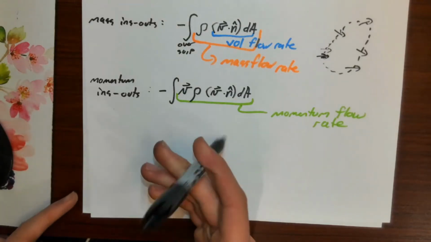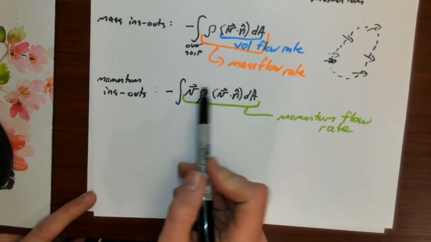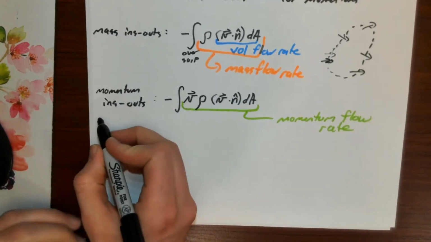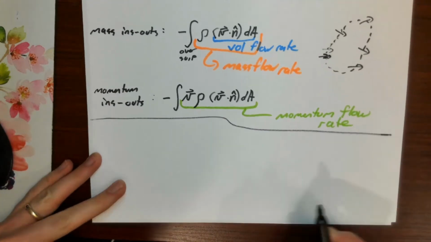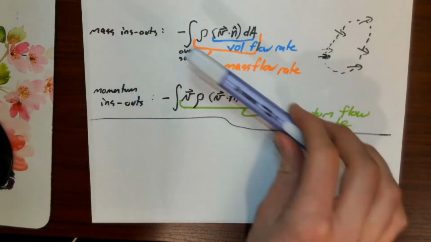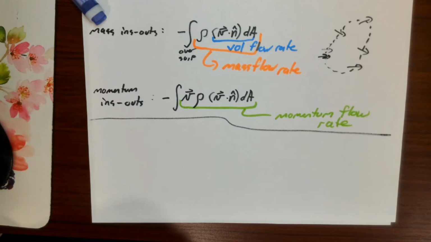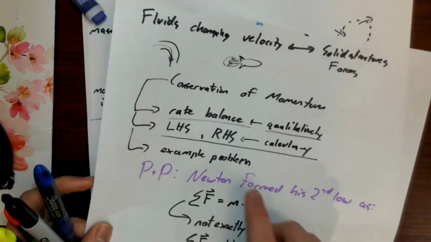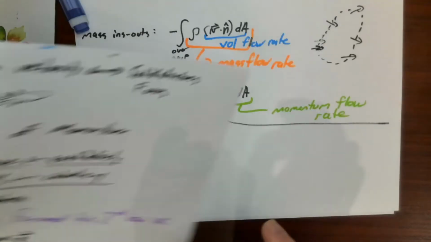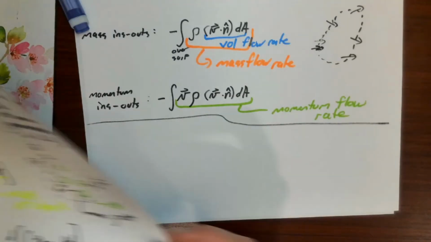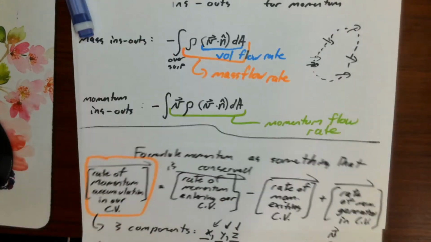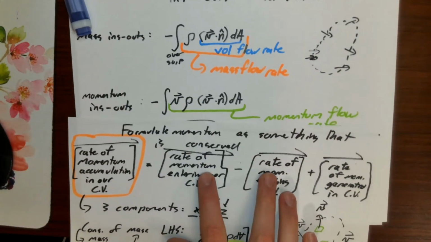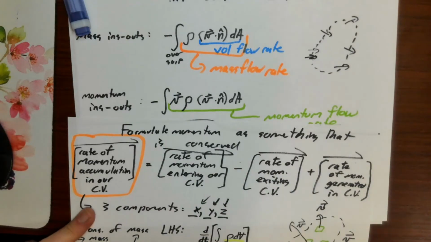And this thing right here basically accounts for both the ins and outs. So this concludes part of our discussion of the right-hand side. This term here is the ins and outs, but we still haven't really talked about generation.